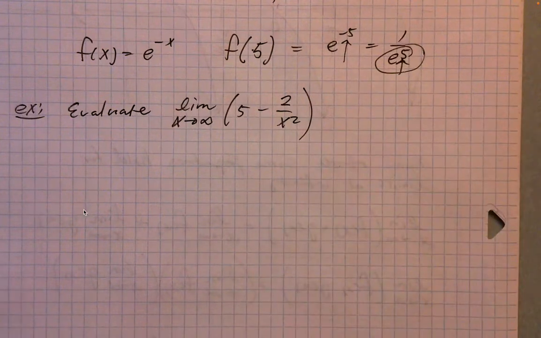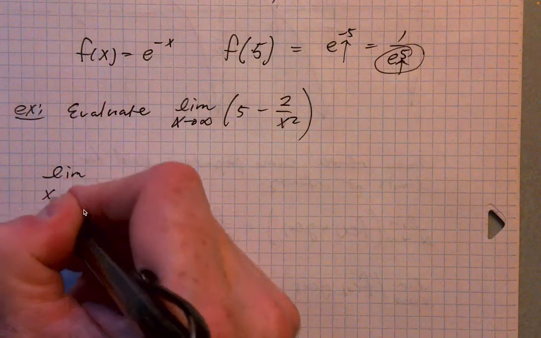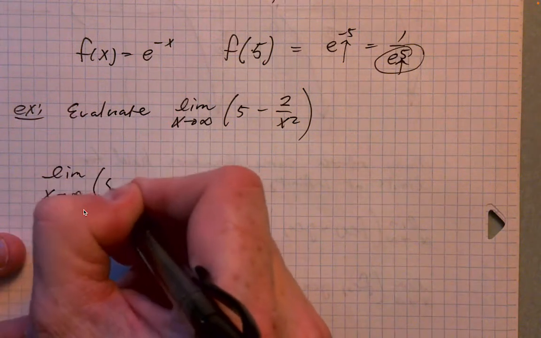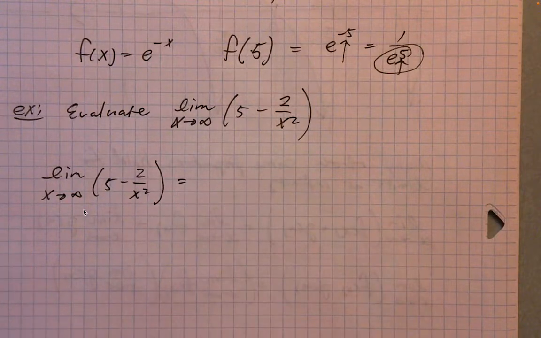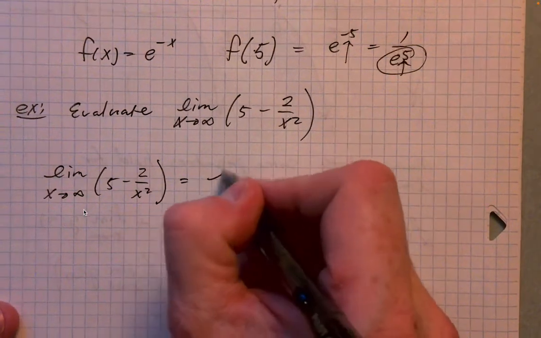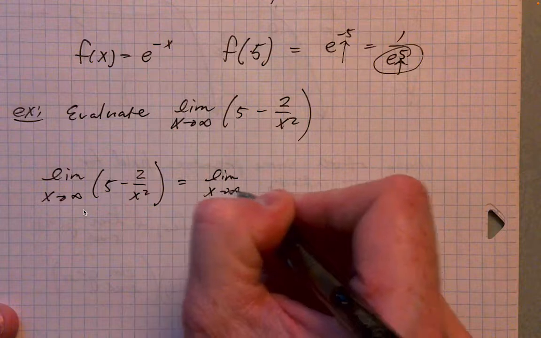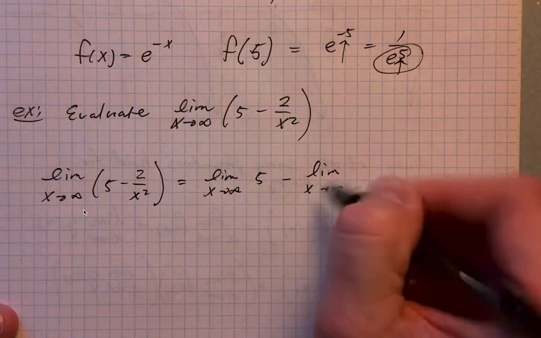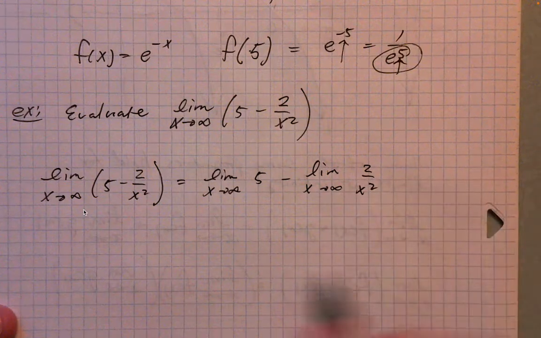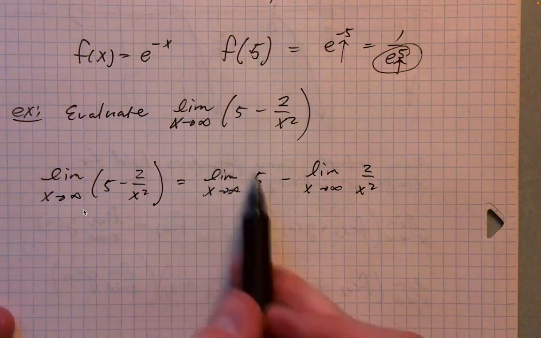Okay, so this is like the previous theorem, right? So the limit as x goes to infinity of 5 minus 2 over x squared. Well, again, we can use those properties of limits and we can break this one apart. The limit as x goes to infinity of 5 minus the limit as x goes to infinity of 2 over x squared. So this is just a constant, right?